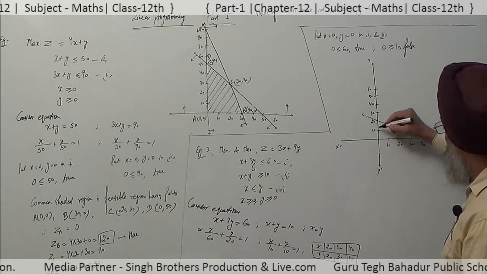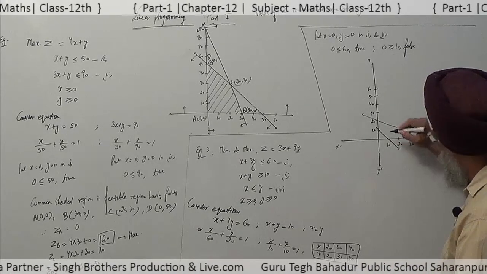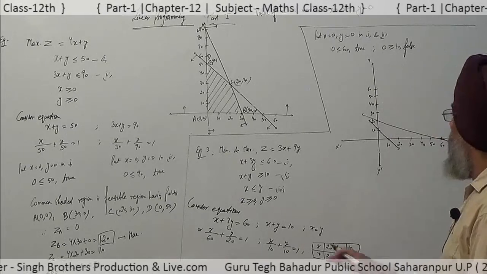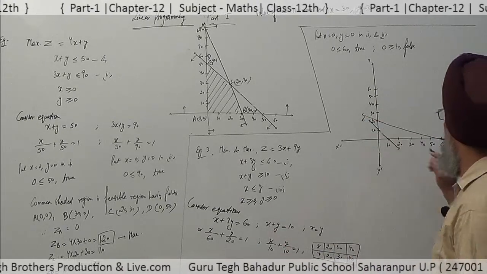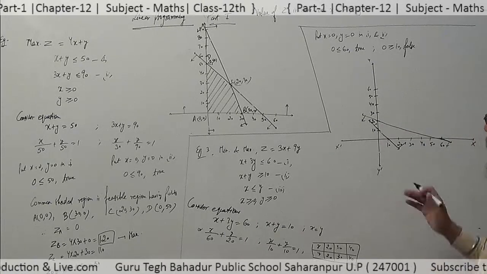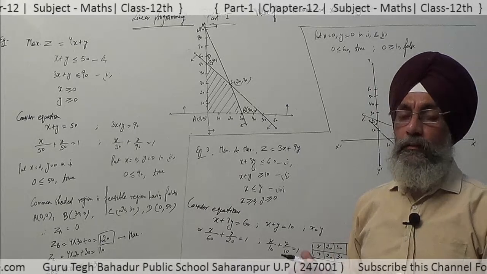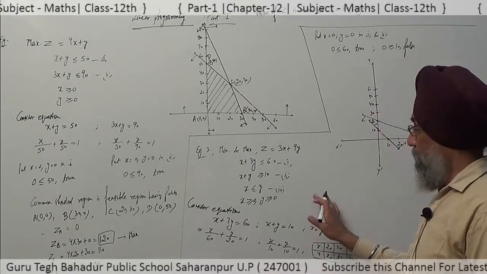Then x 10 and y 10, this one. The first one is true for the origin, but the second one is false for the origin. So, away from the origin, the origin doesn't lie within the shaded part of the second inequation.